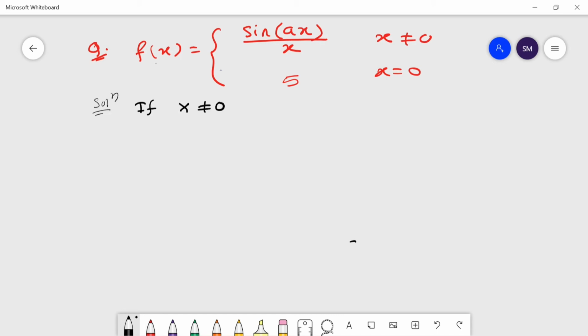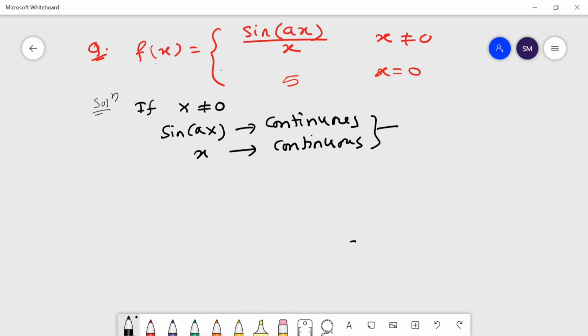For x not equal to 0, sine ax is continuous, x is continuous.